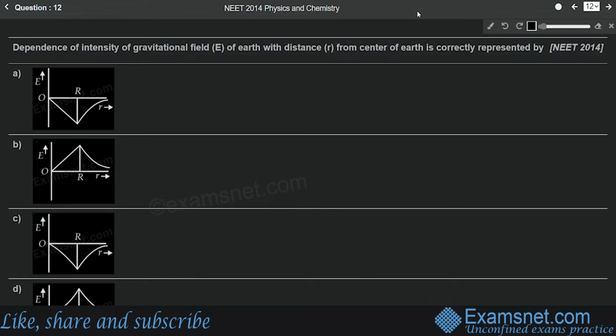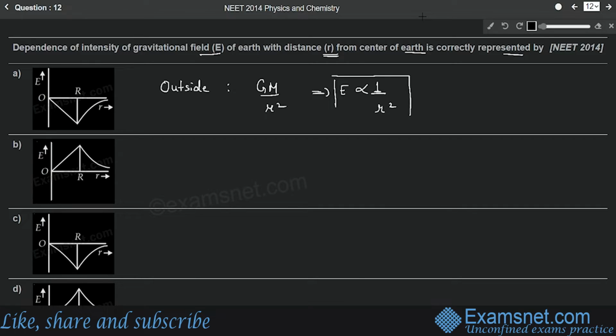Question number 12 is from the chapter Gravitation, and the question is, dependence of intensity of gravitational field E of Earth with distance r from the center of the earth is correctly represented by. If we talk about the gravitational field outside the surface of the earth, it is equal to GM upon r squared. That means the gravitational field is inversely proportional to the square of the distance.